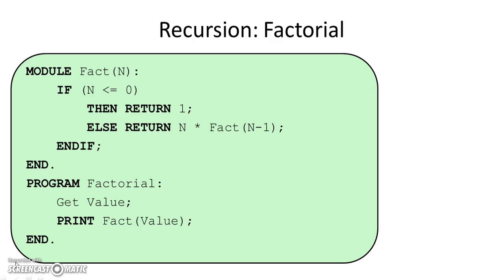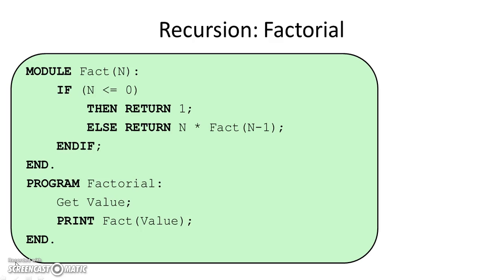That'll tell us fact 4 is 4 multiplied by fact 3. And fact 3 is 3 multiplied by fact 2. Fact 2 is 2 multiplied by fact 1. Fact 1 is 1 multiplied by fact 0. And what's fact 0? It's 1. So we get 1 by 2 by 3 by 4.